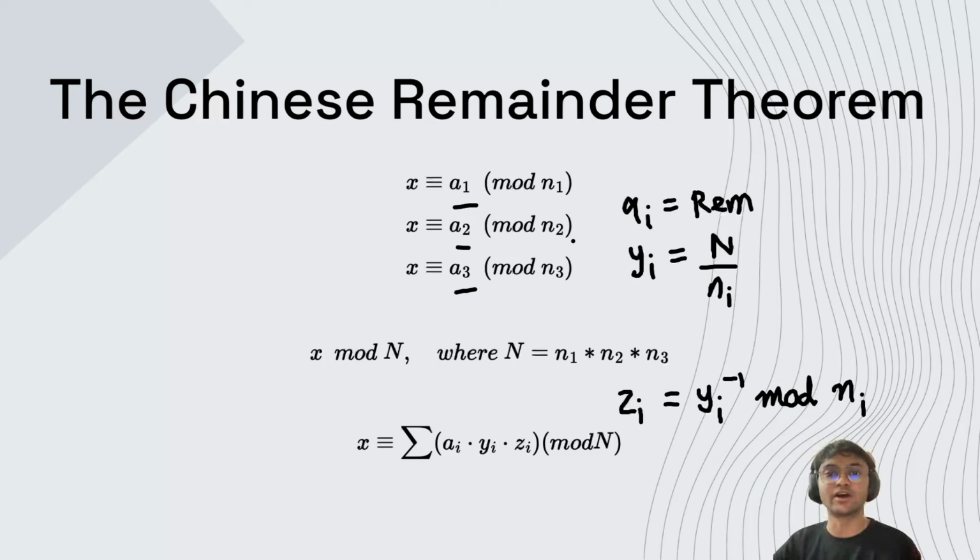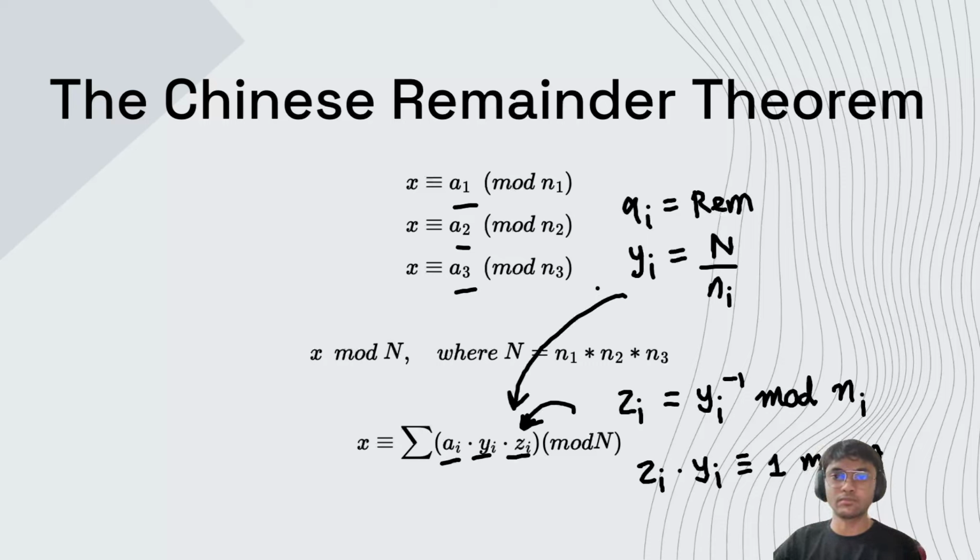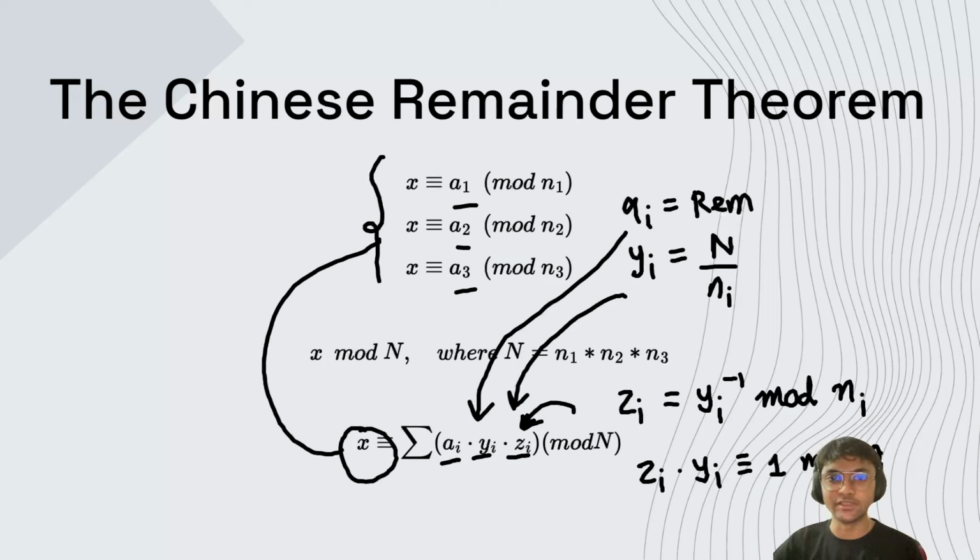Here again, the n_i's are n1, n2, and n3 respectively. What this also means is the product of y_i and z_i must be congruent to 1 mod n_i. When we plug these parts into the formula, you get the unique number x that satisfies all given congruencies simultaneously.